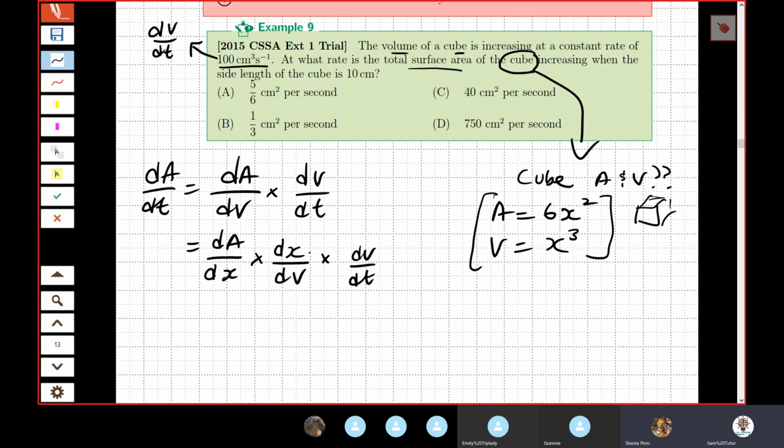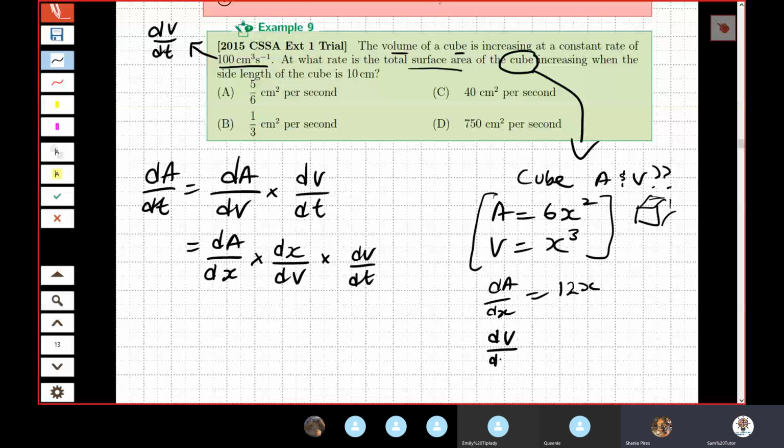All right, that's fine. So, what's dA on dx now? Use differentiate. Yep. So what's your answer? 12x. And then what's your answer for dV on dx? 3x to the power of 2.